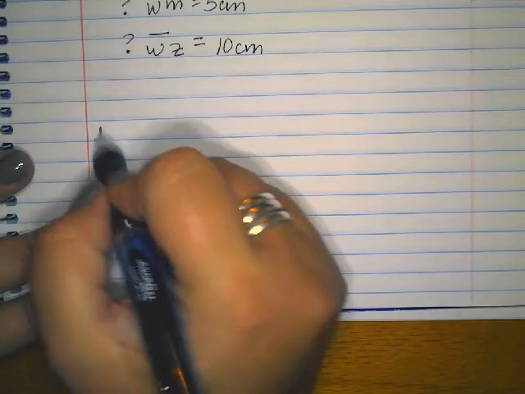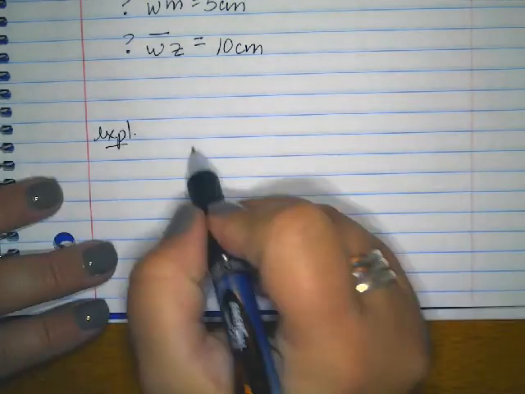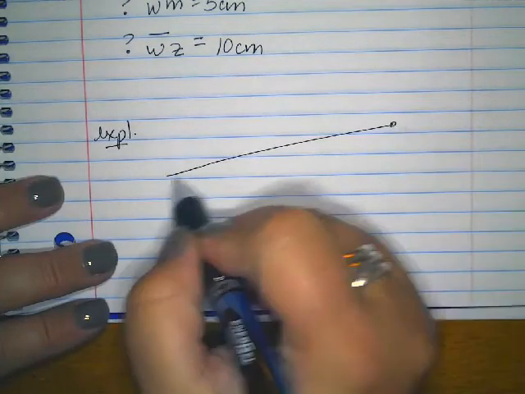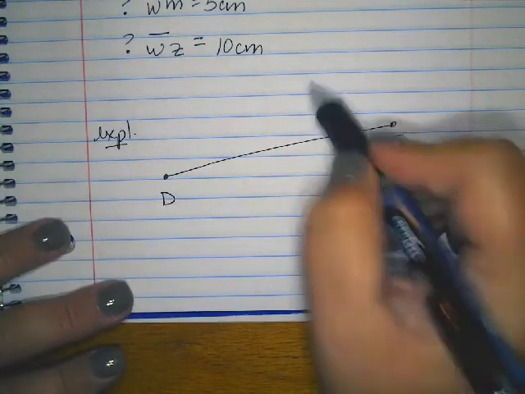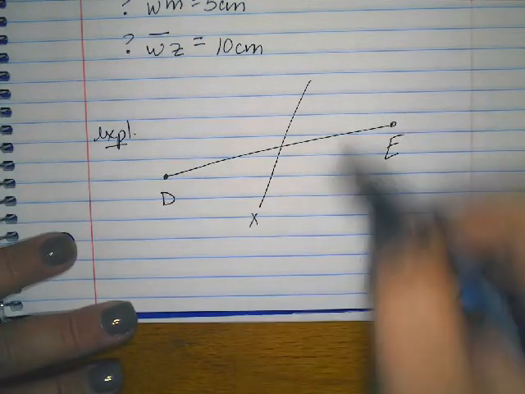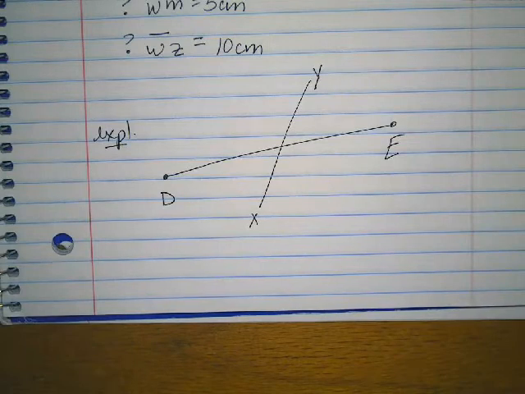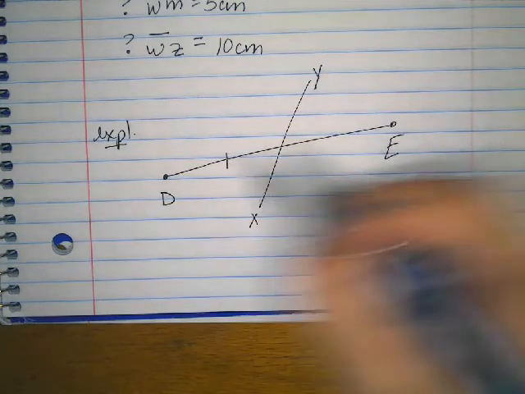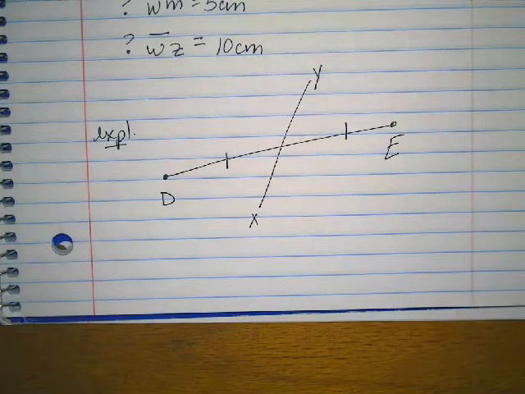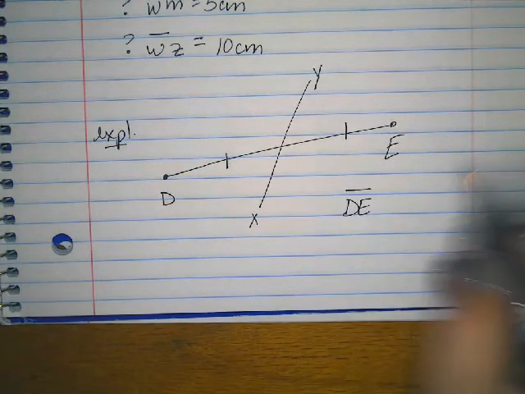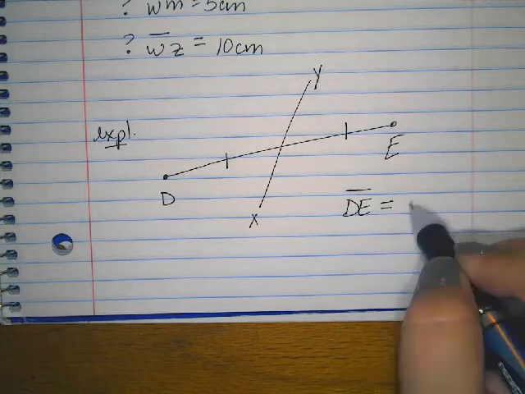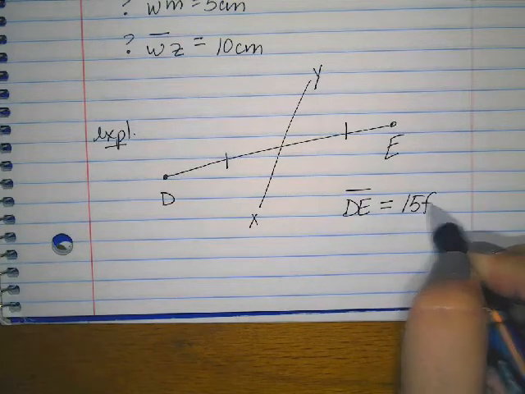Let's look at one other example for that. Let's call this DE. This time I am using a segment bisector, so I know that these two are the same. And this time I'm going to tell you that segment DE is equal to 15 feet.